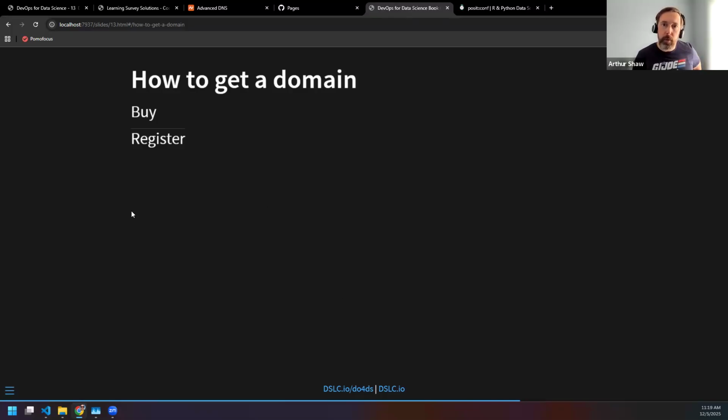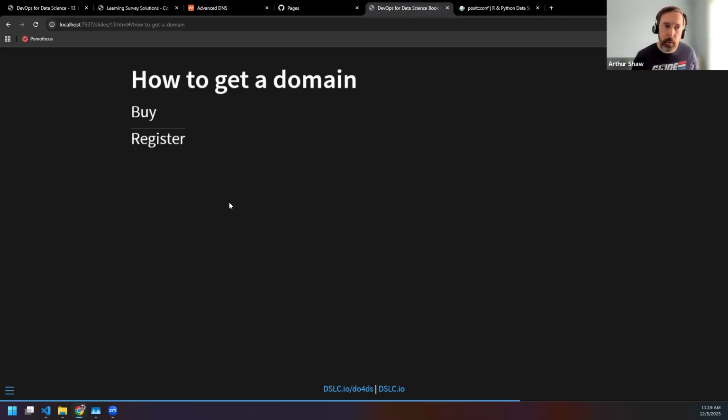So what you can do is go to different domain name providers. You can go to GoDaddy, or if you're using one of the big cloud providers, they might also have a domain name purchasing mechanism. I know this is the case for AWS.